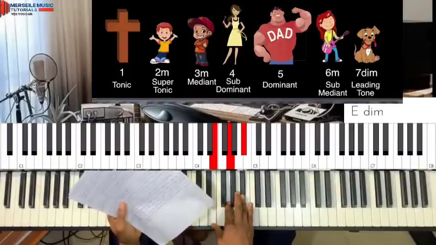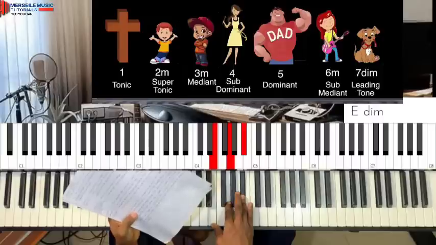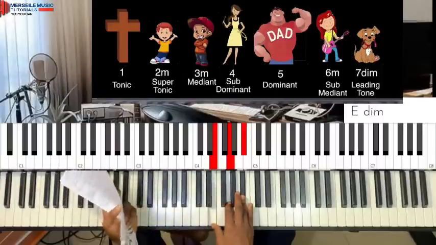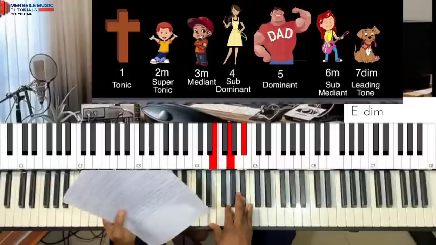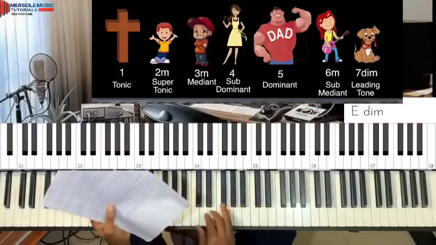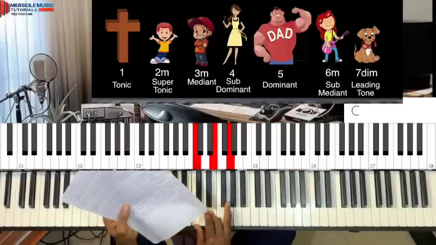So the dog doesn't get used by itself. That's the dominant chord. You cannot just use it on its own. So when the dog, which is the diminished chord, goes for a walk with the dominant, which is the 5, they both create a 5/7 chord.